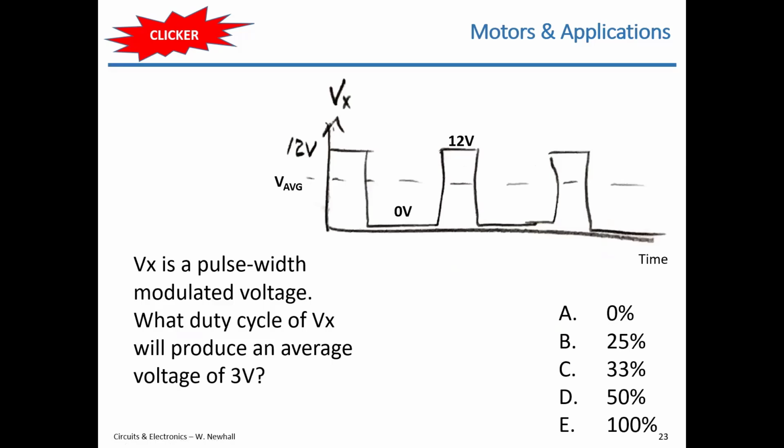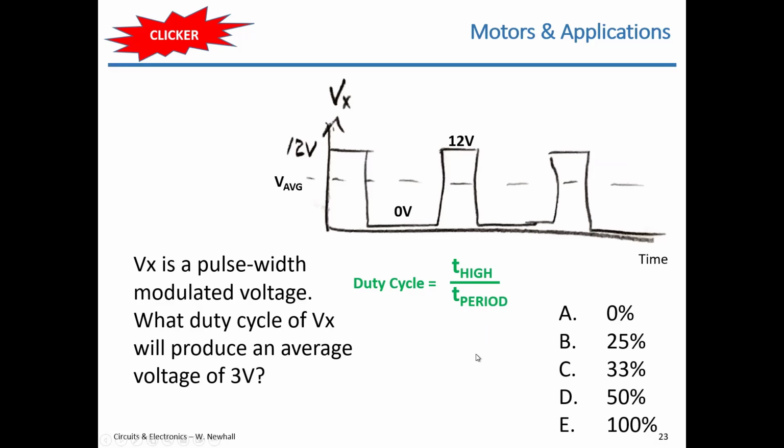Okay, so we have a voltage Vx. Here's Vx versus time. Vx is a pulse width modulated voltage. What duty cycle of Vx will produce an average voltage of 3 volts? All right, so the duty cycle is defined to be the time that the voltage is high divided by the period of this square wave voltage.